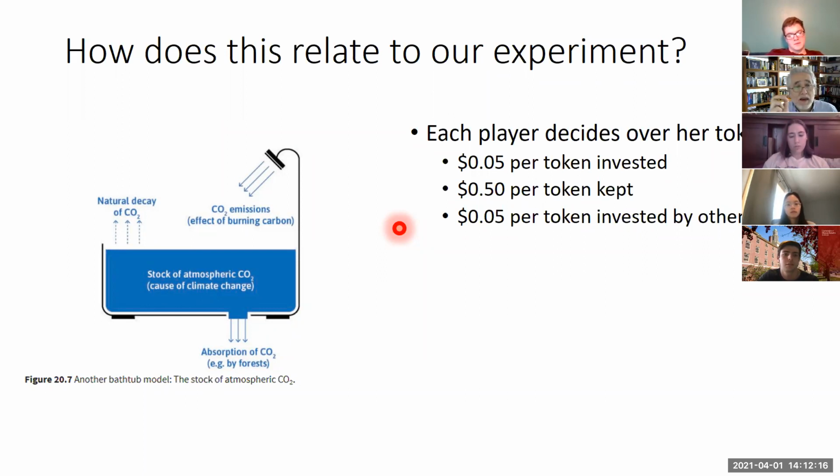Because we already did the math last time, if all 20 players invest all their 10 tokens, we're talking about 200 tokens invested, and 200 tokens invested will give everyone 5 cents each, which will mean $10 for each of you in that particular round. And you are much better off with $10 than if everyone kept their 10 tokens and earned only $5 guaranteed.